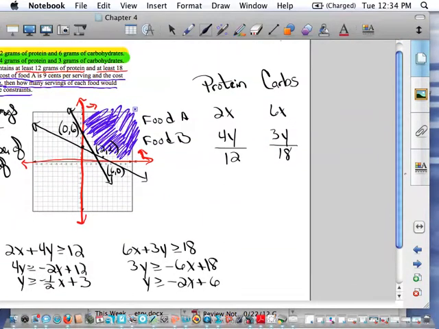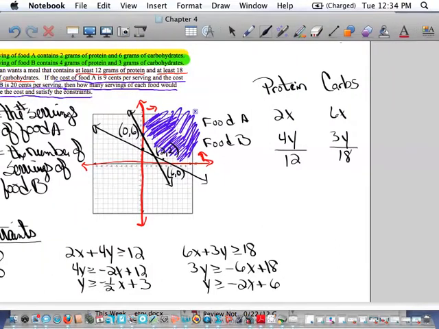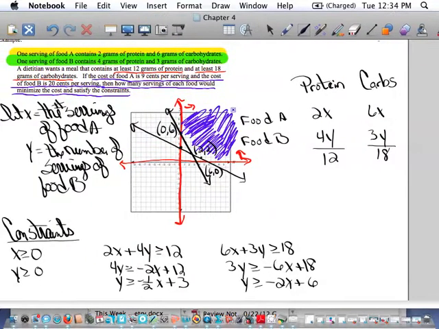And the last thing I have to consider is my objective quantity, which is going to be related to the cost. It says if the cost of food A is 9 cents per serving and the cost of food B is 20 cents per serving, then how many servings of each would minimize cost?